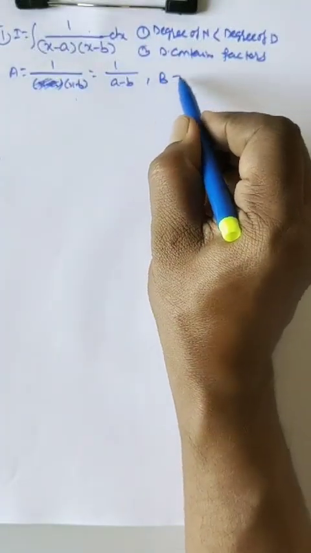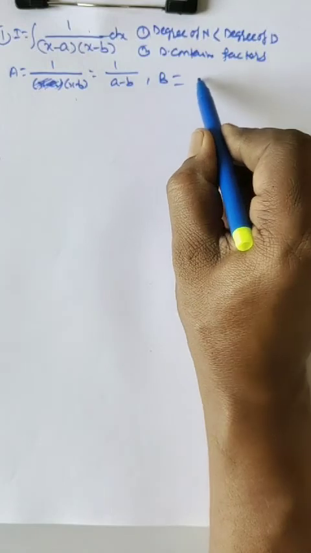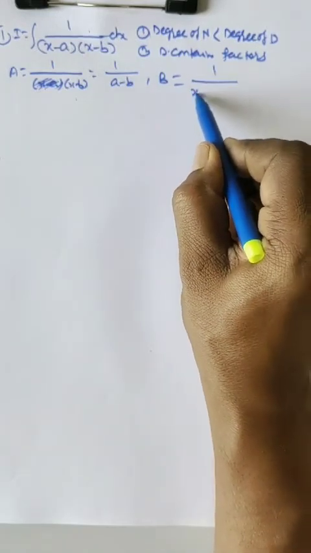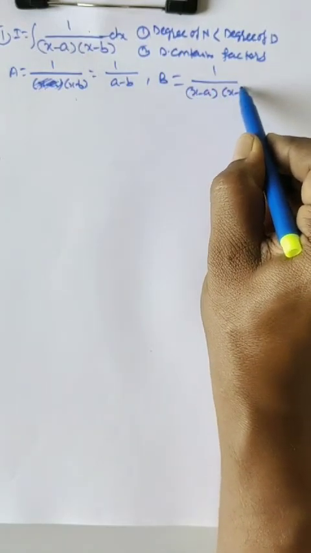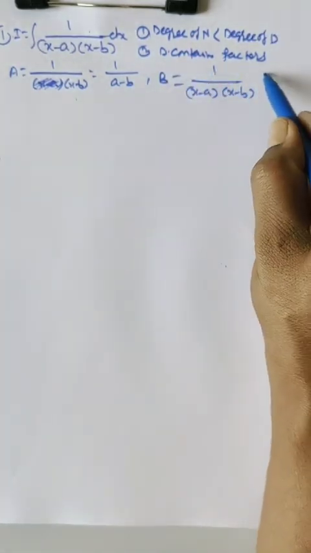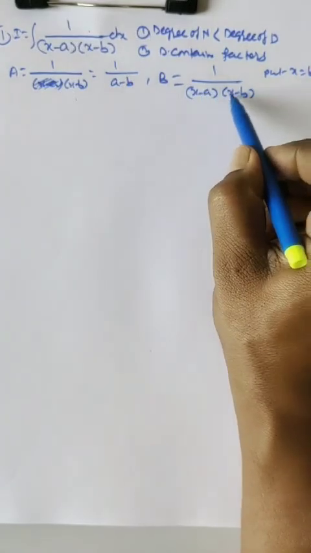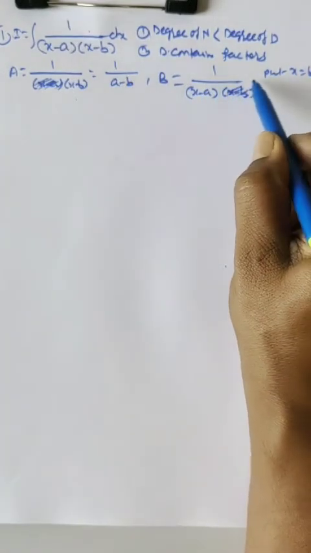Now we have to find b. Again take 1 upon x minus a into x minus b. In this case put x equal to b. B minus b is 0. Neglect this term.